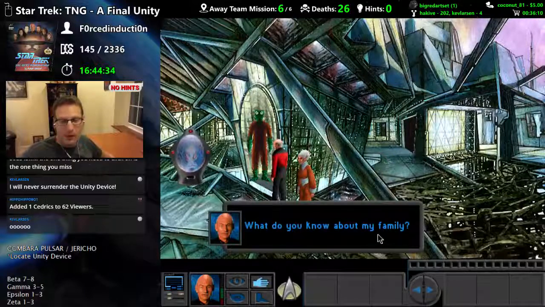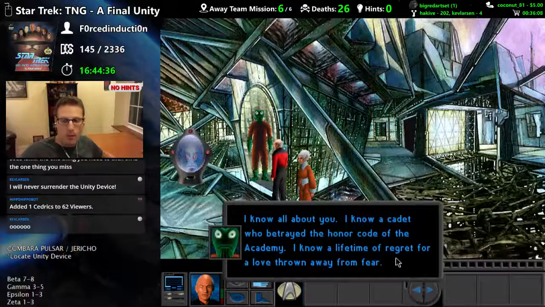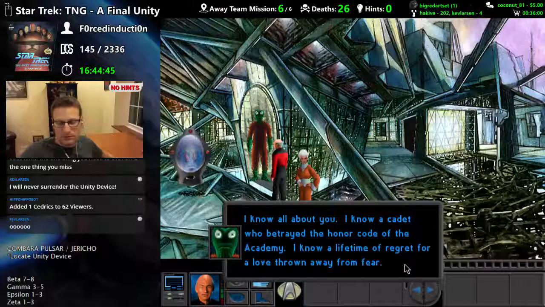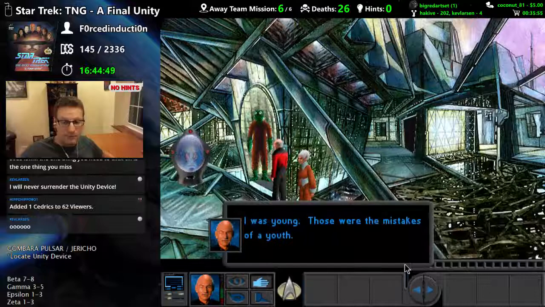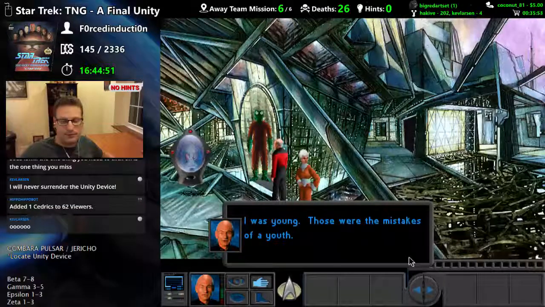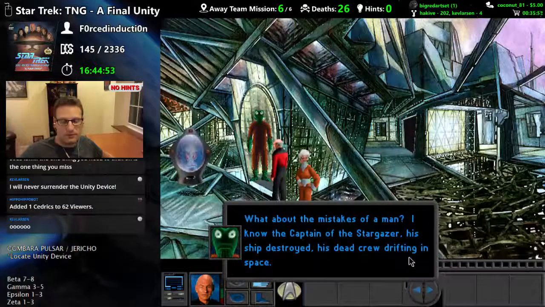What do you know about my family? I know all about you. I know a cadet who betrayed the honor code of the Academy. I know a lifetime of regret for a love thrown away from fear. I was young. Those were the mistakes of a youth. What about the mistakes of a man? I know the captain of the Stargazer, his ship destroyed, his dead crew drifting in space.